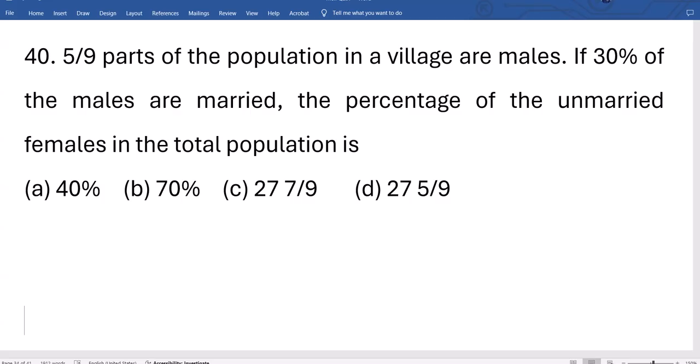They give male in the first line, male in the second line, but the last asks about females. Actually, I think there is a data mismatch. At least they have to mention how many are married out of the total. 30% of males are married, and there is one more line required. Total 20% married, likewise something required. Wait.